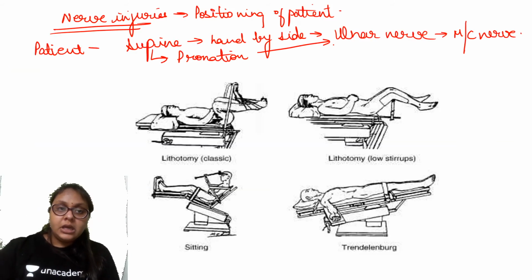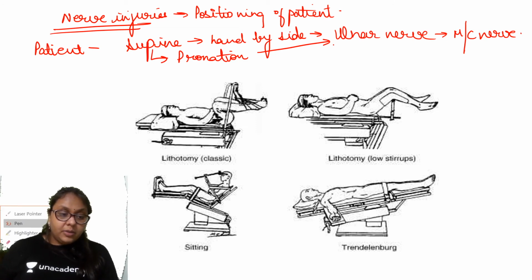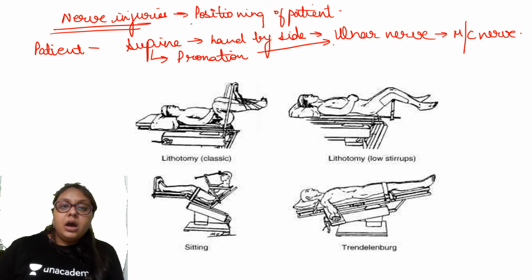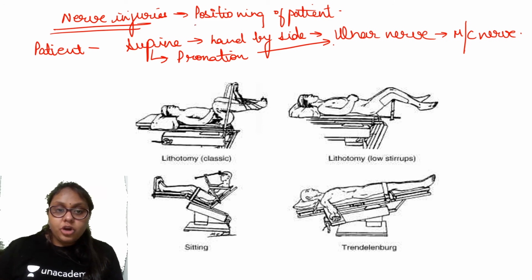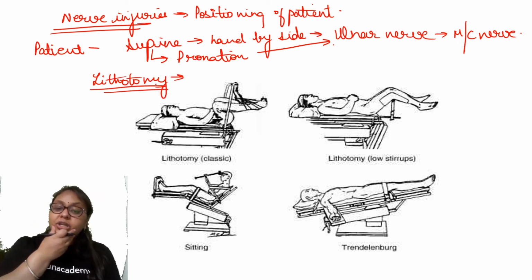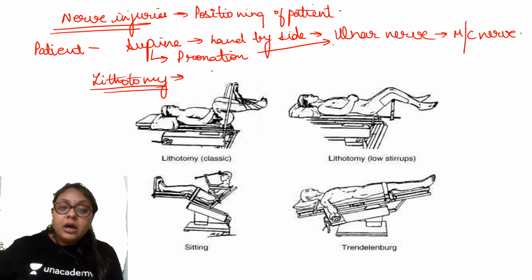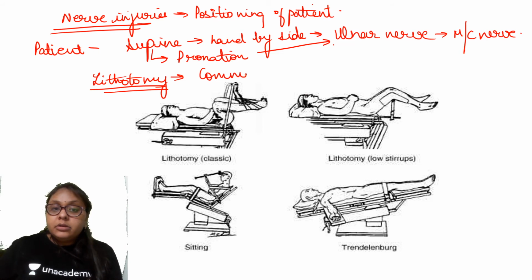Remember this point. So I was talking about the nerve injuries. Ulnar nerve is the most common nerve. The most common nerve to be injured during lithotomy position is the common peroneal nerve.